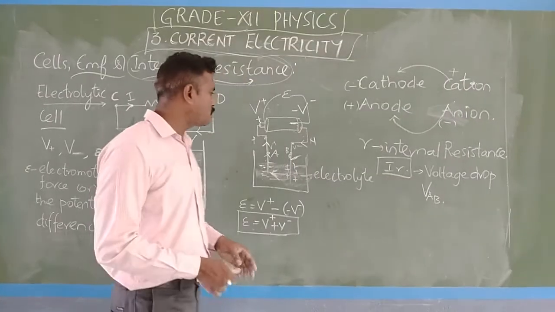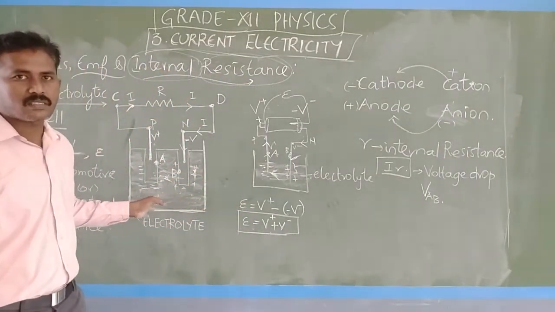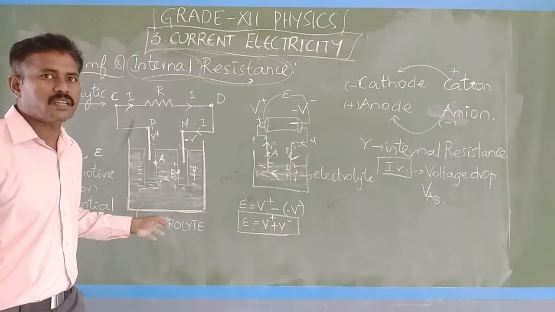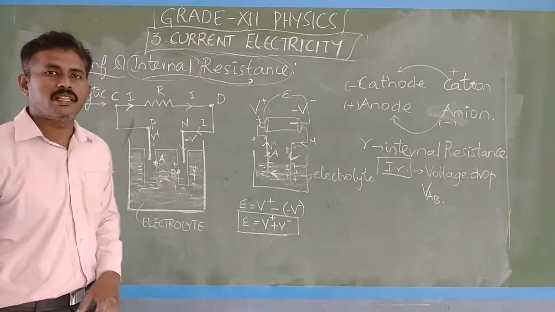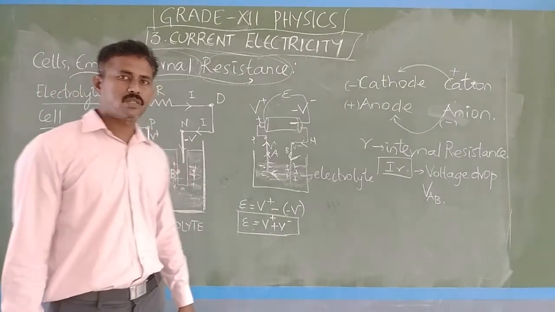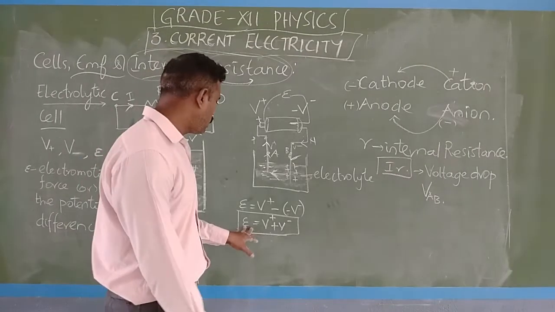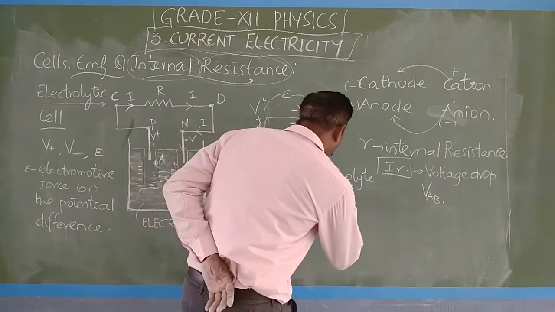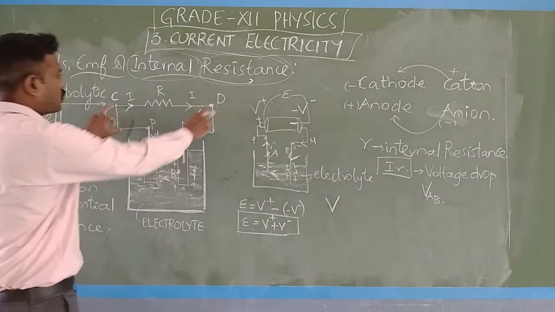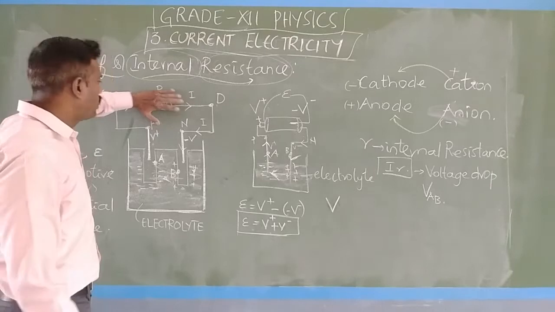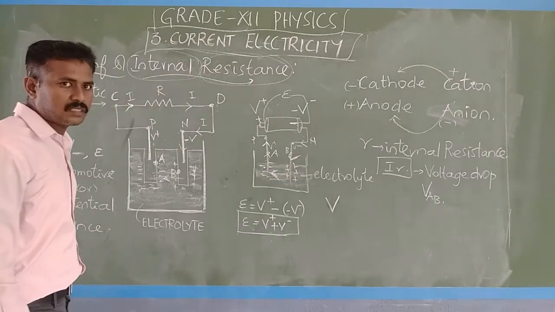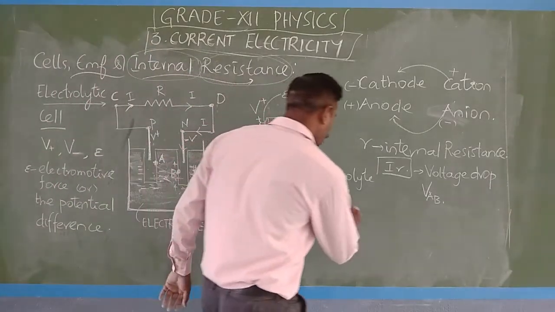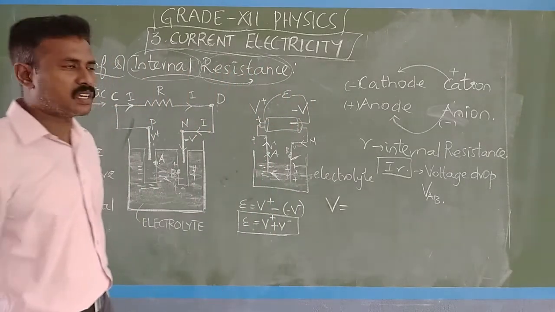So here you say due to the internal resistance of the solution, there is a voltage drop. So the total voltage, so E is a V. So what you get is the total voltage V across, if the resistance R illana, the voltage across the cell is, if R is infinite, அதாவது open circuit.